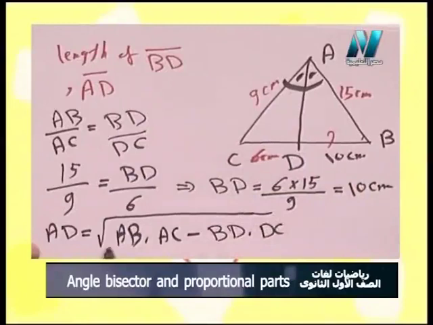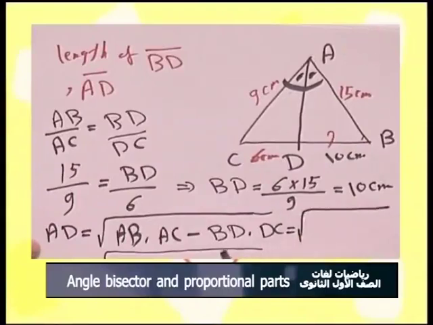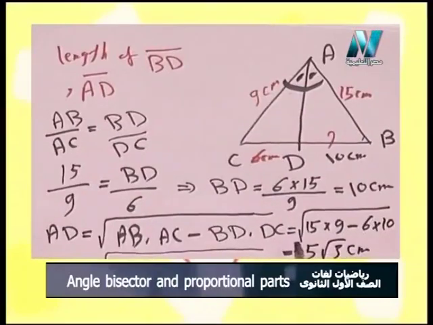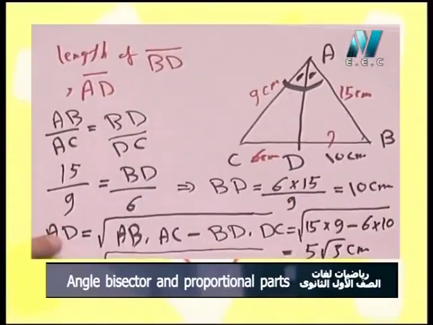We will substitute and we can write here 15 multiplied by 9 minus 6 times 10, and the answer will be 5 root 3 centimeters. Okay, it's very easy for you now.